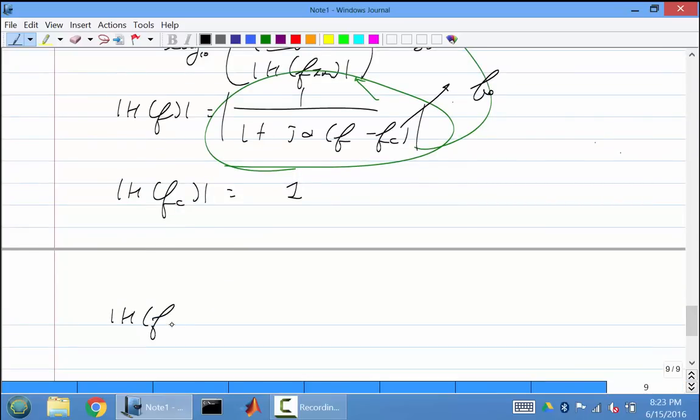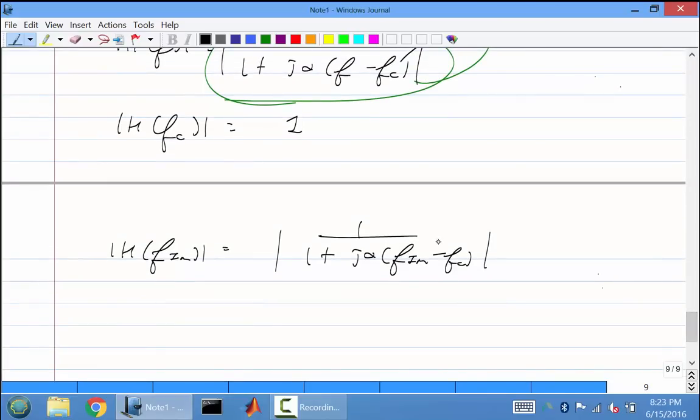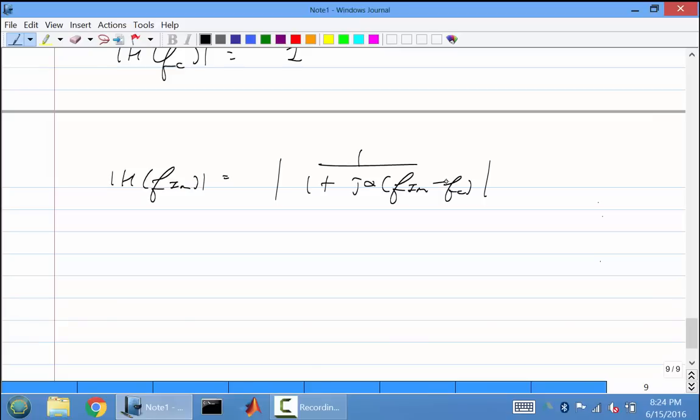The image frequency is not going to be 0, of course. So this becomes 1, and then 1 plus j alpha (f of im minus f of c). So that's that case here. I need to find the magnitude of this. The magnitude is very easy. It's 1 divided by, remember, when finding the magnitude, the top you leave alone because it's a fraction, but the bottom is the square root of the real part squared plus the imaginary part squared.